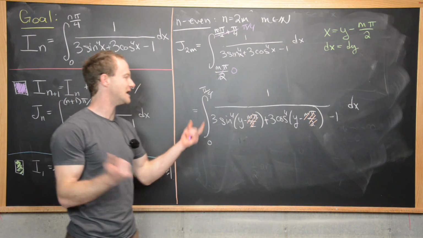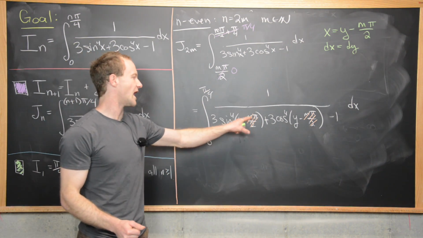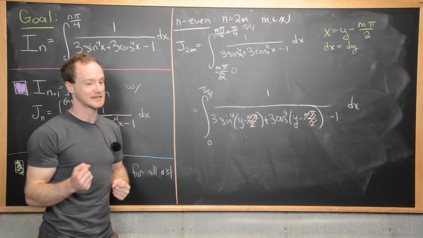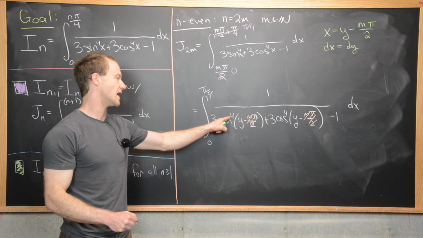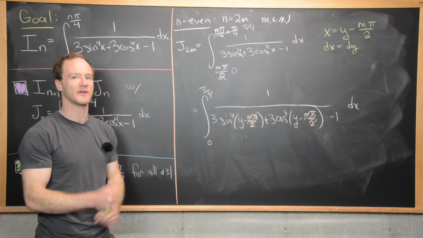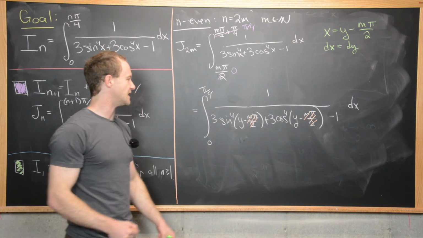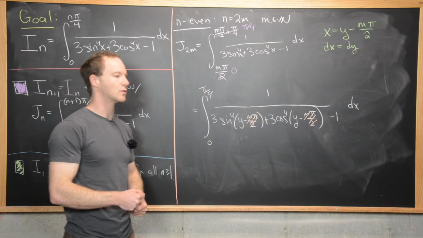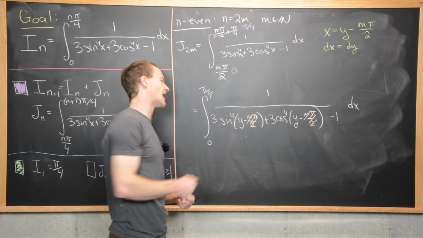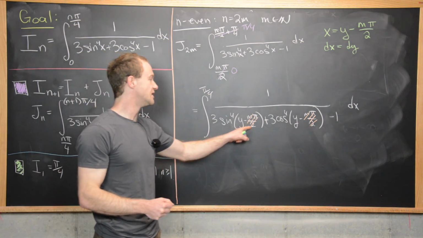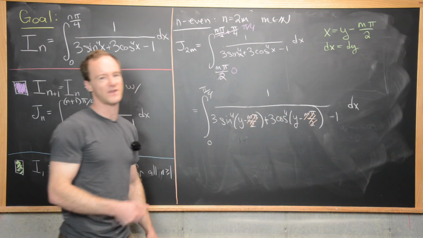But now if m is 2, for instance, we have y minus pi, and sine turns to minus sine in that case. But again, because we're taking an even power, that disappears. And then similarly, if m equals 3 or 4, so really technically you need to look at all values of m mod 4, but they all turn into just being able to delete this little phase shift.